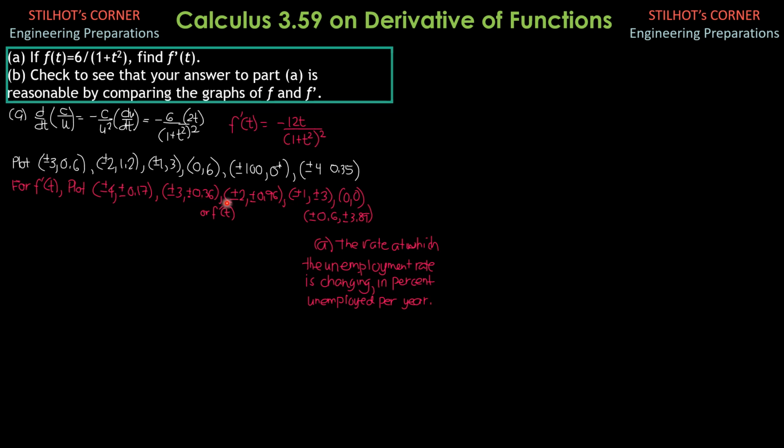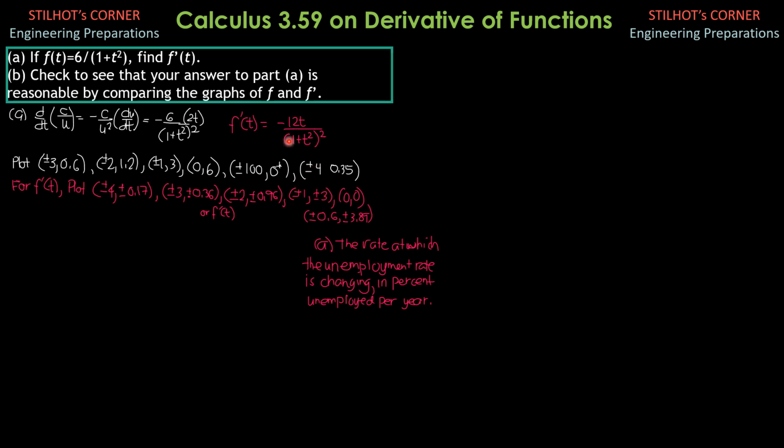Then when t is plus minus 2, then you'll have negative 24 over 5 squared, 24 over 25. So that's why you have plus minus 0.96. Then when t is plus minus 1, this is 2, 2 squared is 4. Negative 12 over 4 is 3. So plus minus 3.